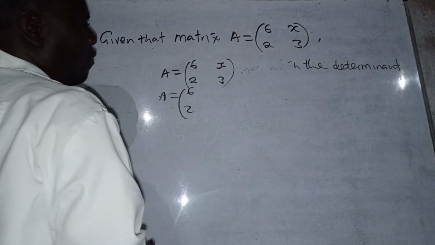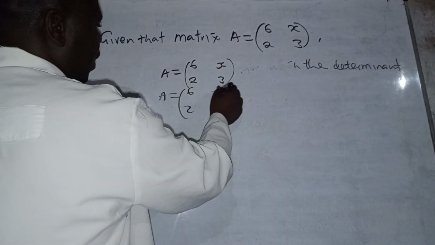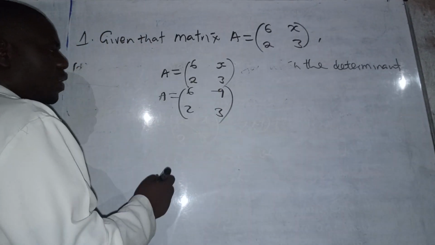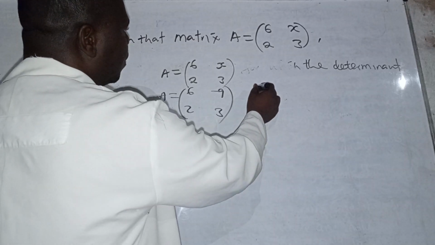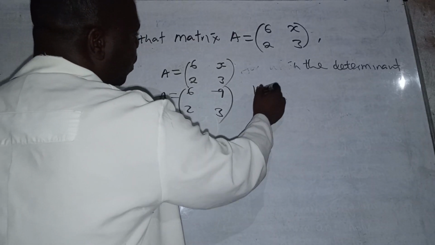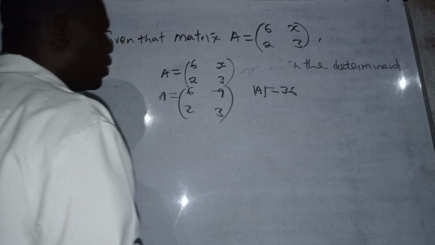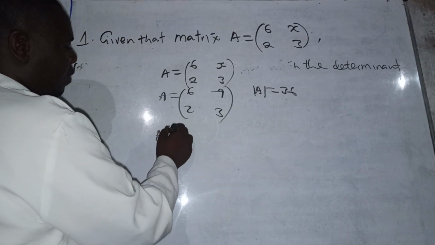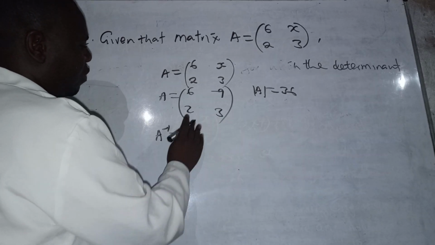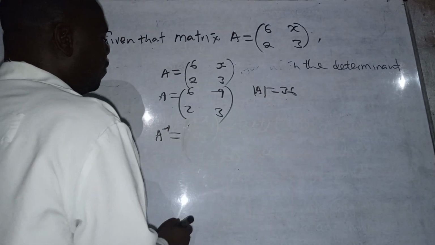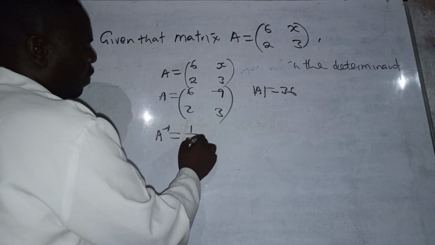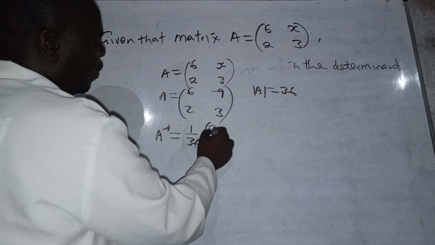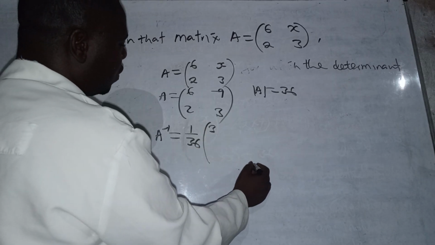Our x, the value that we have just calculated, is negative 9. Don't forget our determinant for A is equal to 36. So now our A inverse is equal to 1 over 36, since the inverse of 36 is 1 over 36. Then these two swap, so here we have 3, and here we have 6.